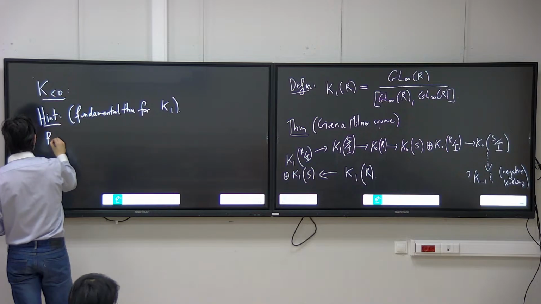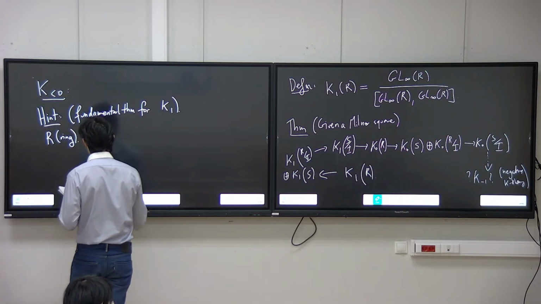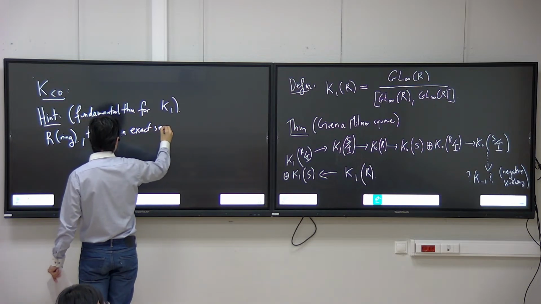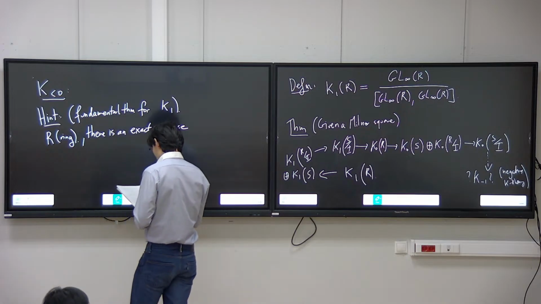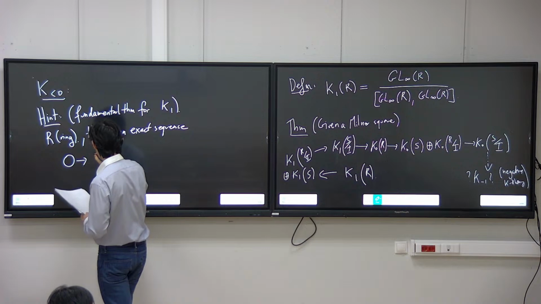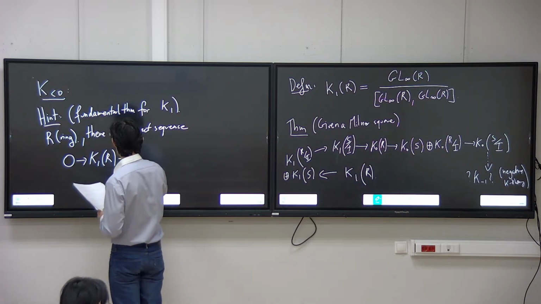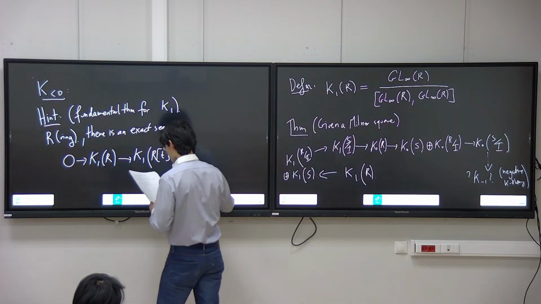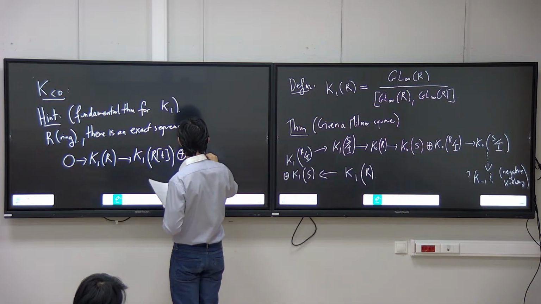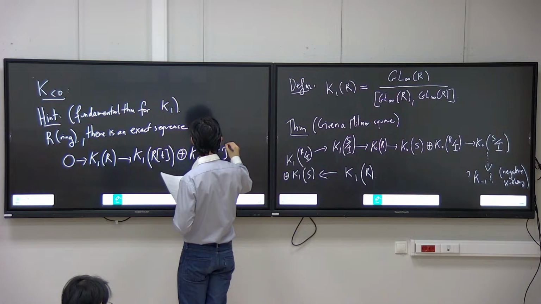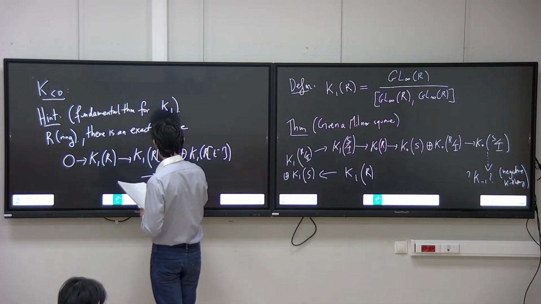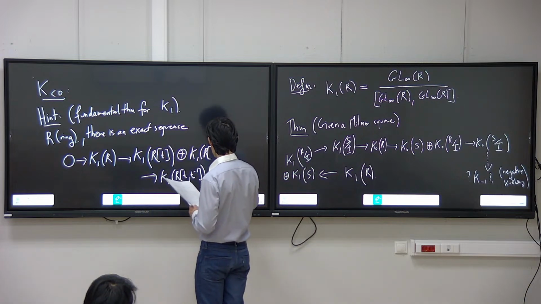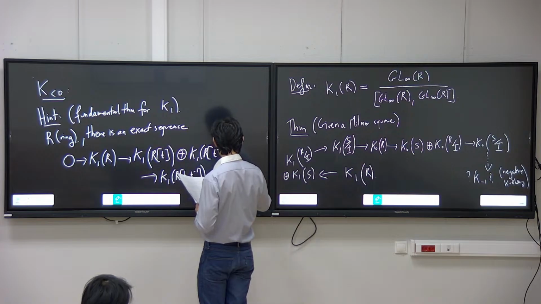So for R a ring, there is an exact sequence from 0 to K1 of R, and then to K1 of R adjoined with some variable t plus K1 of R adjoined with the variable t minus 1, mapping to K1 of R with t and t minus 1 adjoined, and mapping to K naught of R mapping to 0.